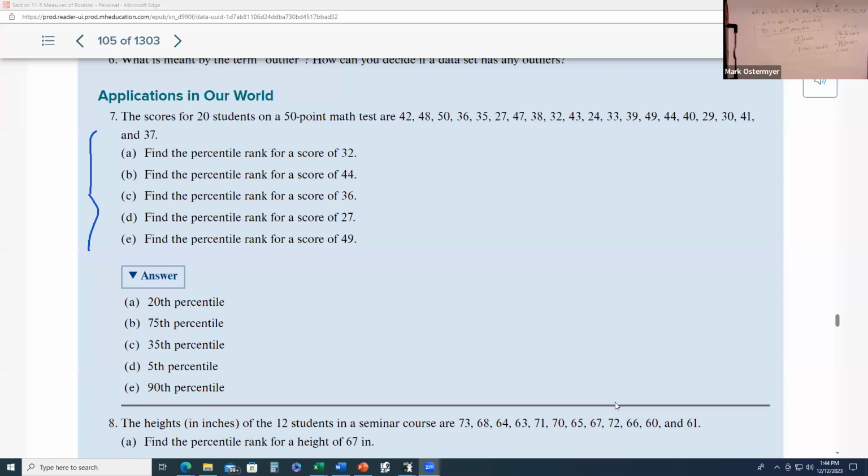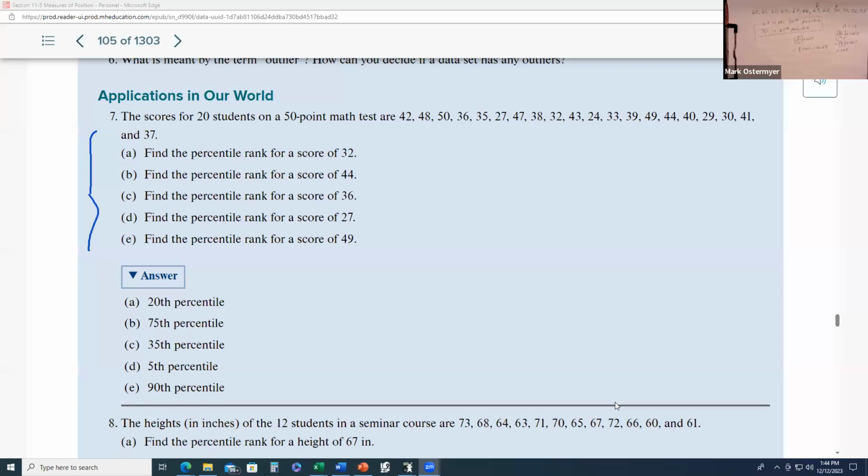Did anybody get anything different? For 44, 70th percentile. Let me double check this here. And that's for 44, right? Okay, hold on a second here.